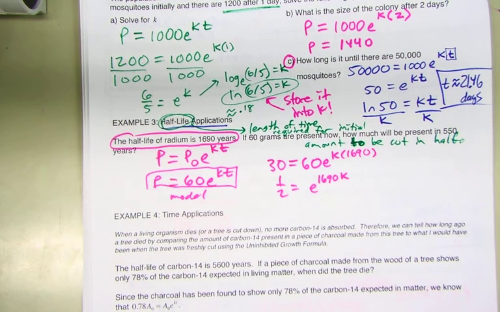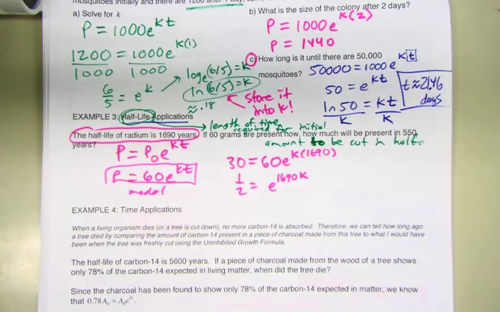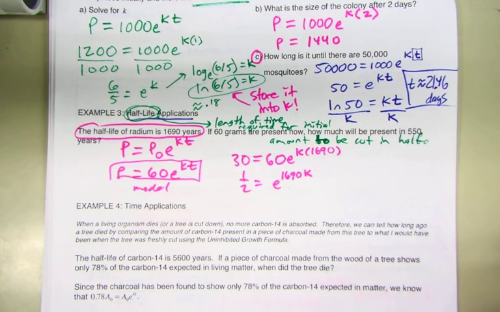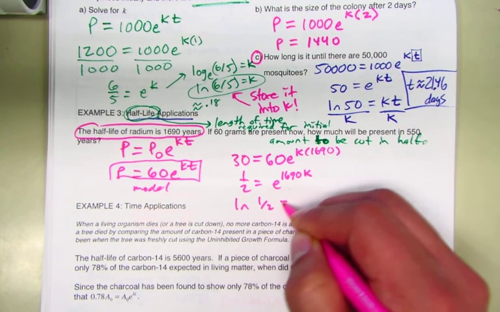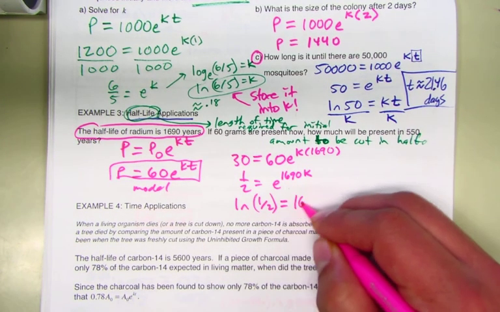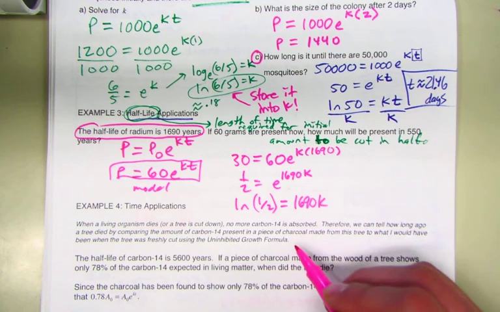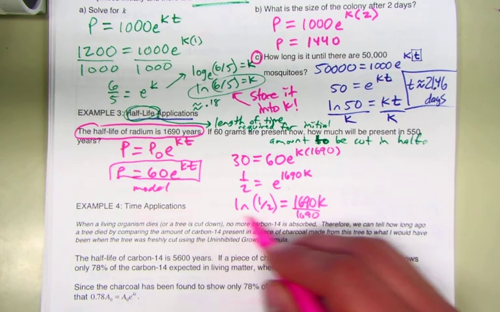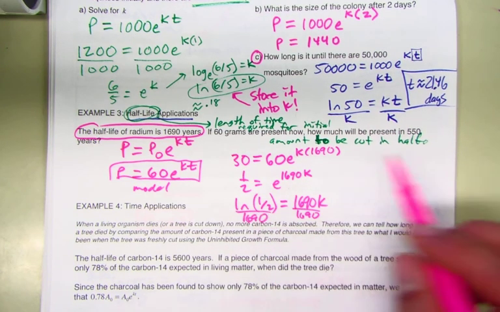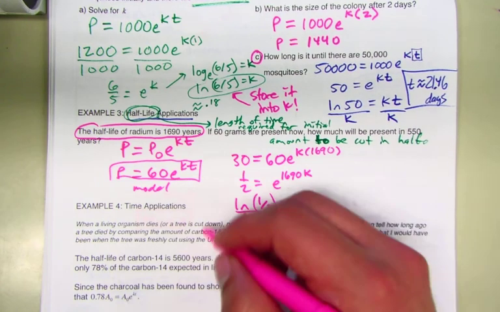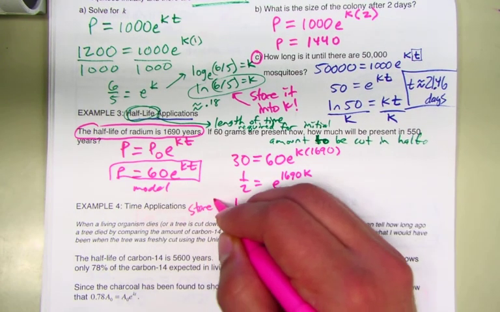And then store that, right? Because that's k right here. Whatever those nasty decimals are, we're going to store that in the calculator. So natural log of 1/2 divided by 1690. Okay, it's very tiny. That's fine. Store it.